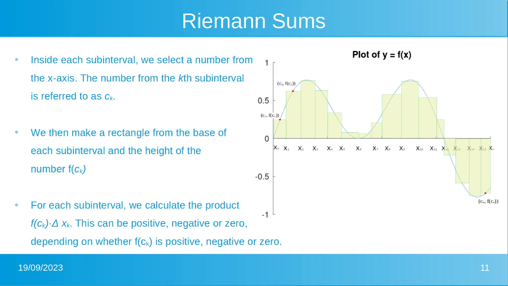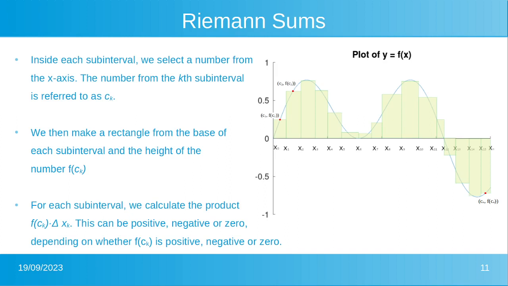So if we have a look at our first subinterval from x0 to x1, we've selected an x value on the x-axis within that first subinterval, and we've called it c1. Then we've calculated the corresponding function value, the corresponding y value for that c1 value, which is f of c1.